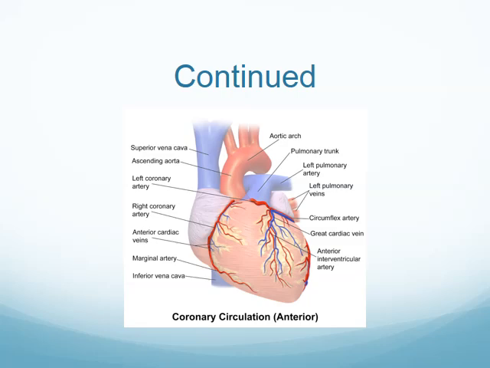You'll often hear reference to the diagonal artery. This is a generalized term for a smaller coronary artery that branches off of a larger one. You see these small arteries that don't have any names, and you can often hear those referred to as a diagonal of whatever artery it's connected to.